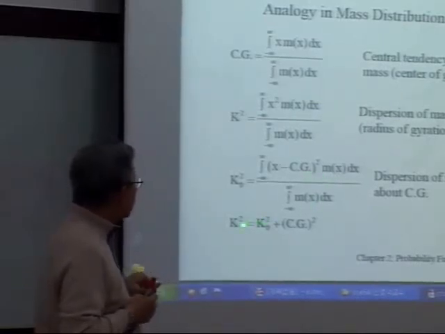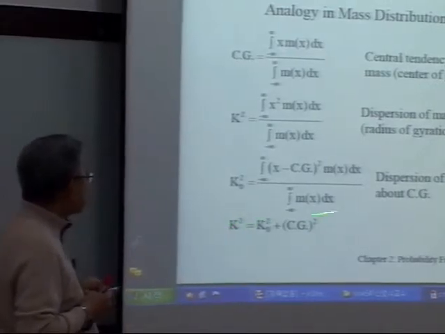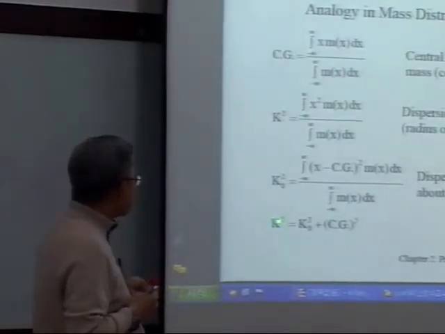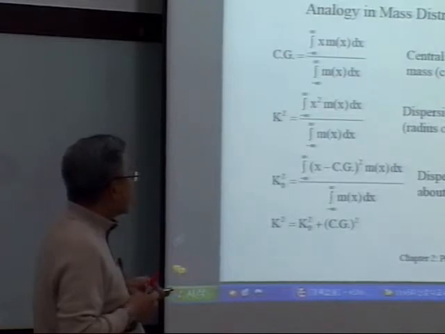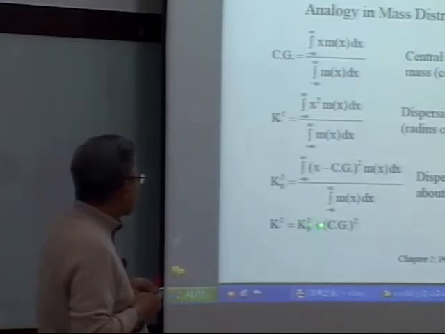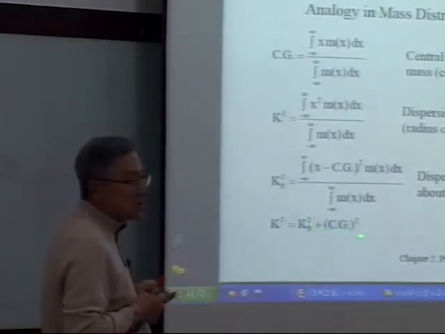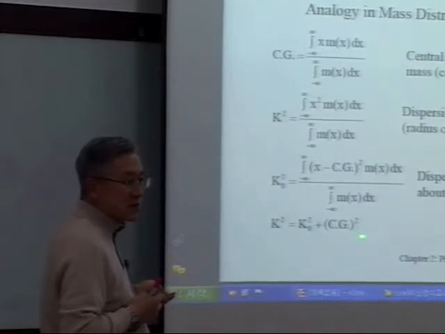So now this K square is psi square, K naught square is sigma square, plus CG, the mean square.